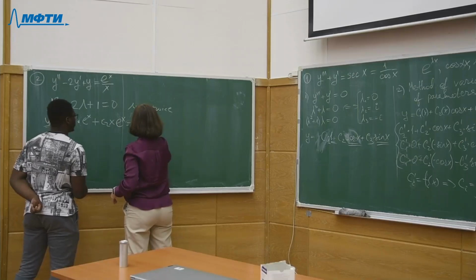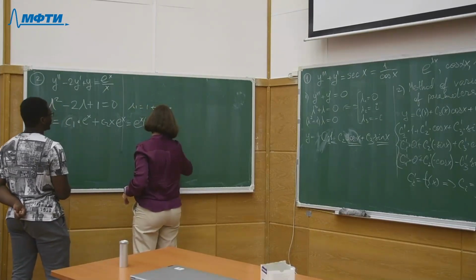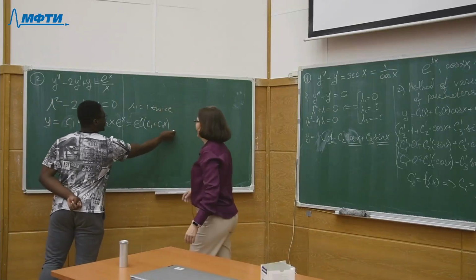Or you can write it in the form C1 plus C2 x, multiplied by e to x. Yes, two ways to write the answer.